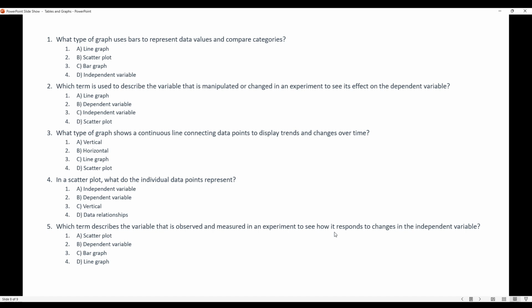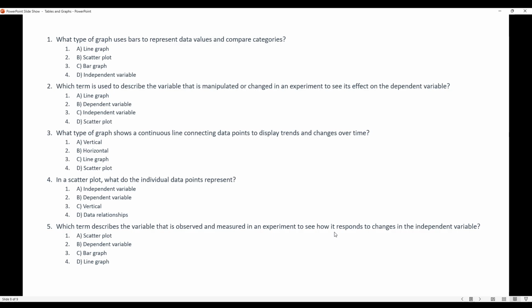Three, what type of graph shows a continuous line connecting data points to display trends and changes over time? Is it the vertical, horizontal, line graph, scatter plot? Four, in a scatter plot, what do the individual data points represent?